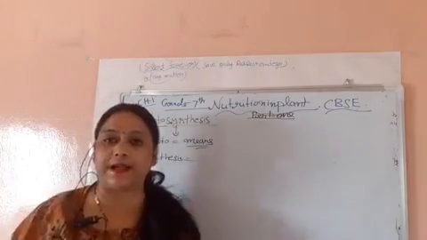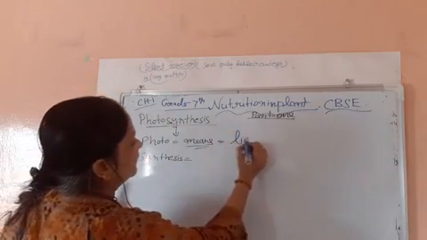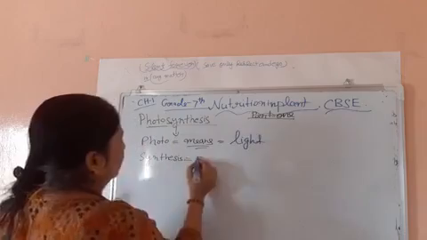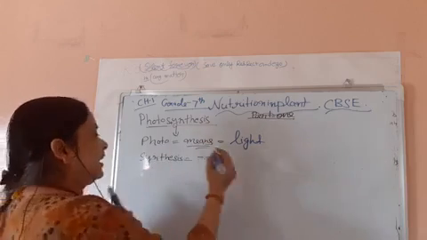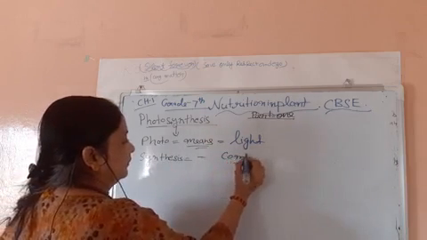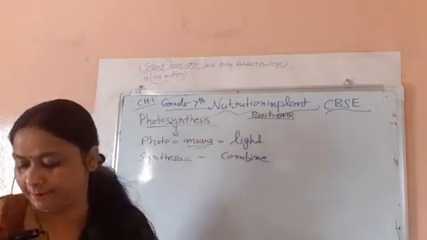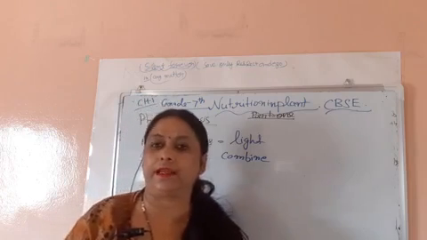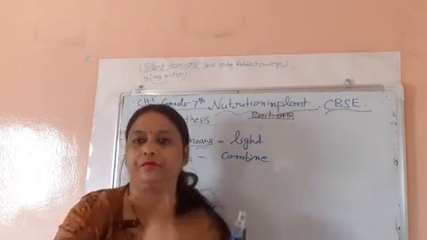Photo means light, and synthesis means combine. Photosynthesis is the process by which plants make their own food.